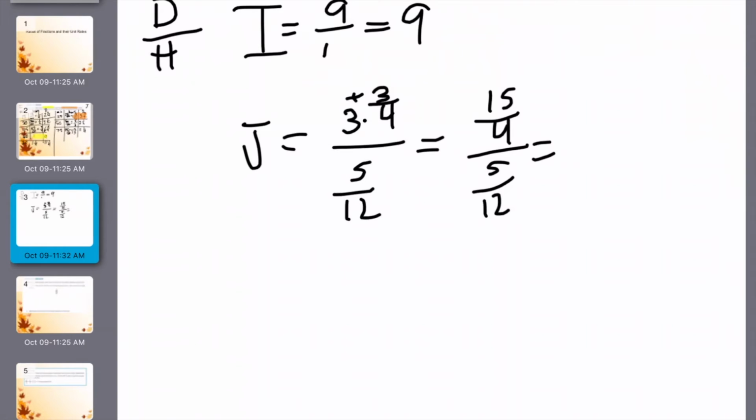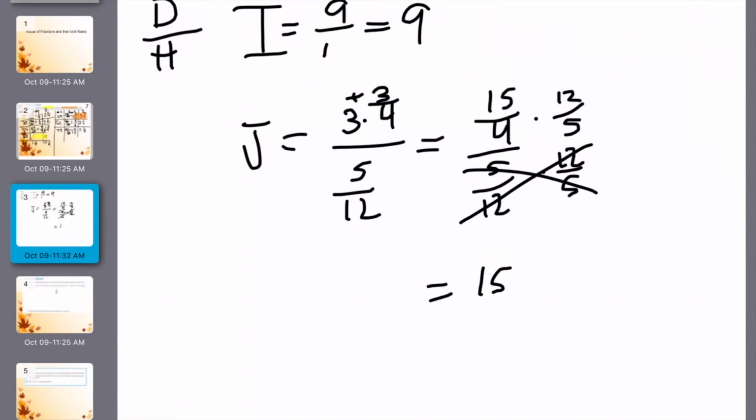Now the only way that I can divide by a fraction is if I multiply by the reciprocal. So I'm going to multiply the top and the bottom by 12/5. The bottom cancels out, and I'm left with 15/4 times 12/5.